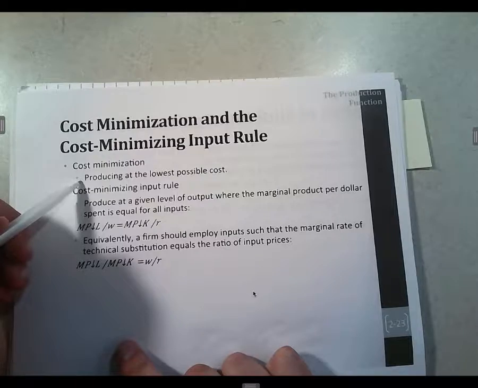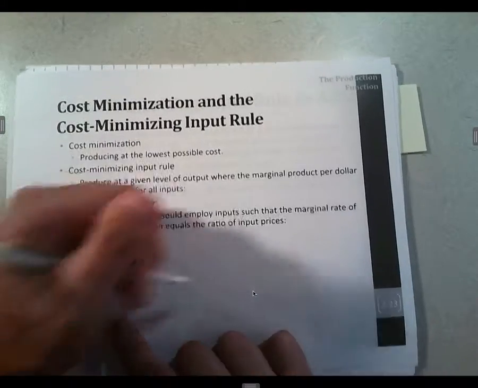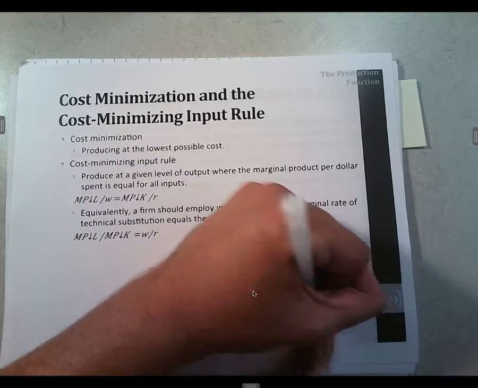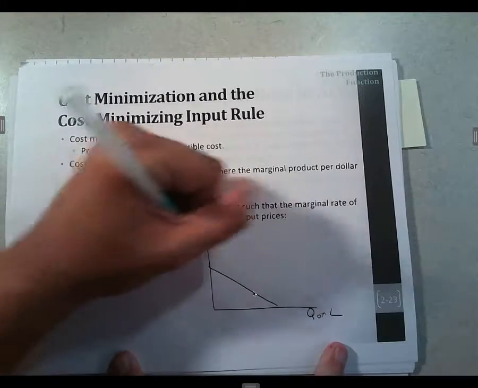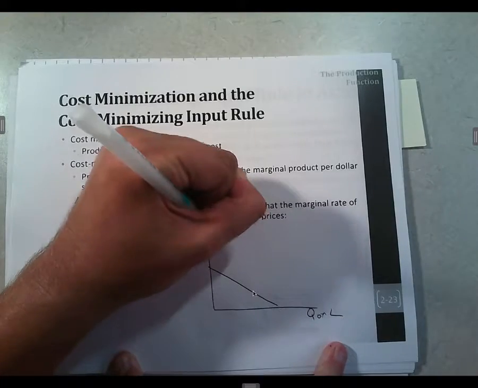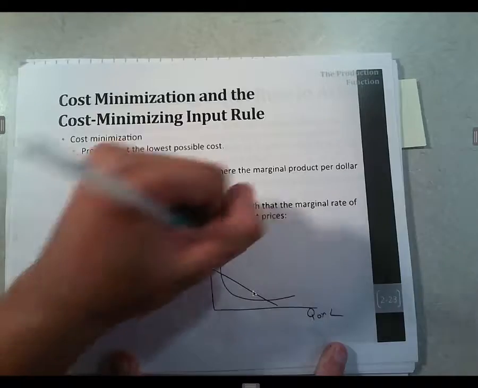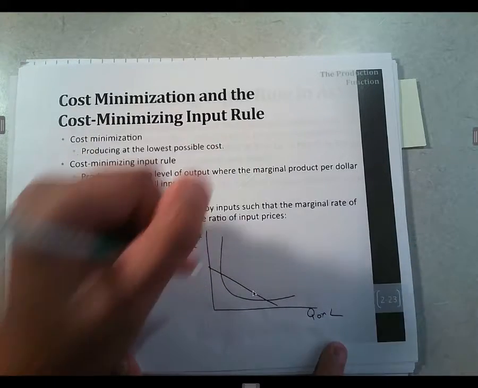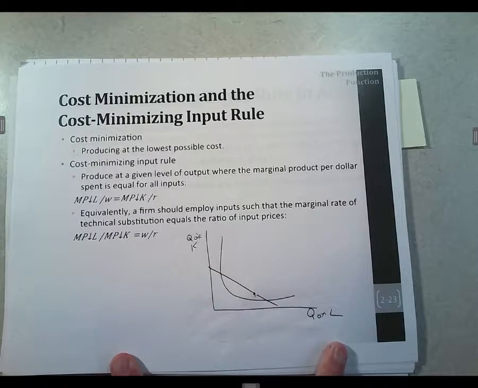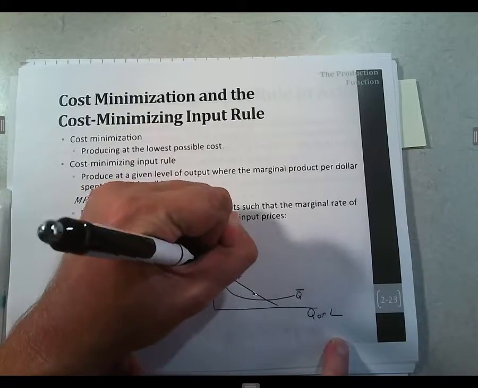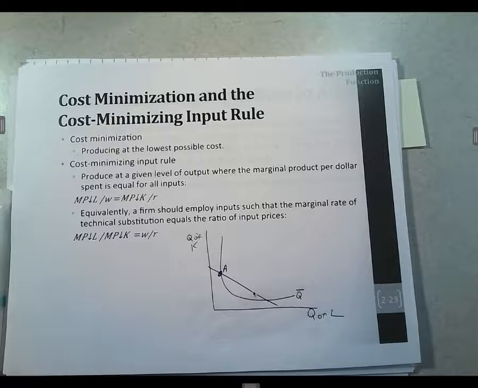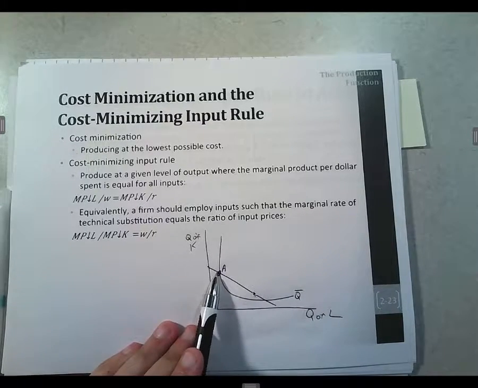Where are we seeing then that cost minimization? That cost minimization rule, we see it in this way right here. Let's say I was producing at point A. The problem with point A is that I'm getting a certain amount of output and spending a certain amount of money.